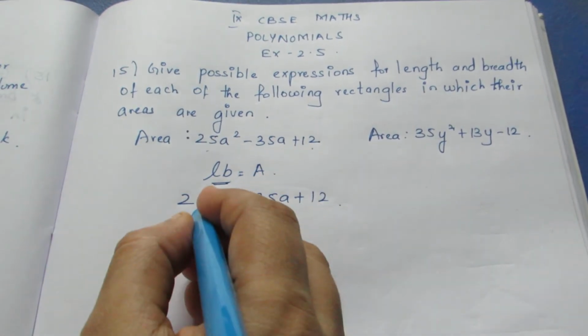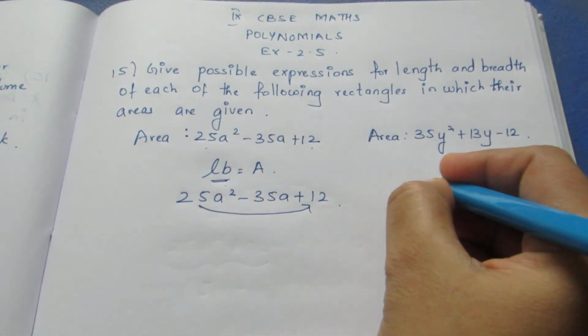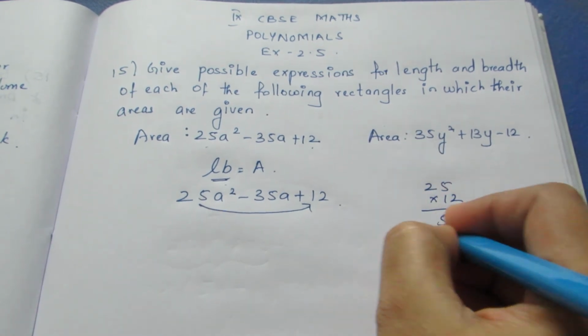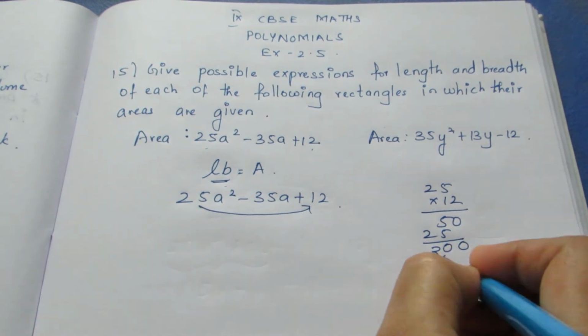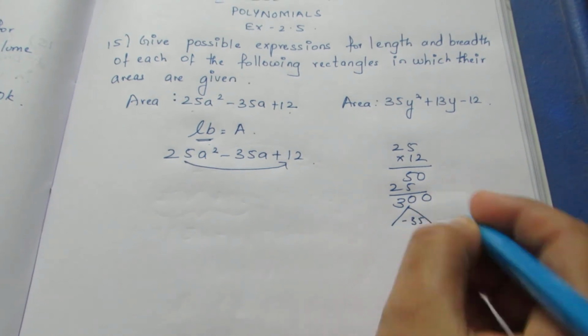As there is a coefficient of a², you need to multiply with the constant. So 25 into 12, I get 300. For 300, I need to split it to get minus 35.